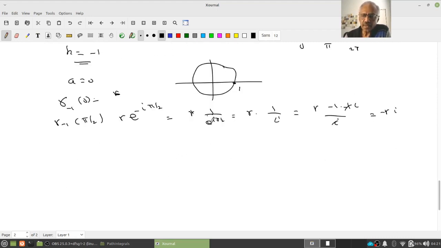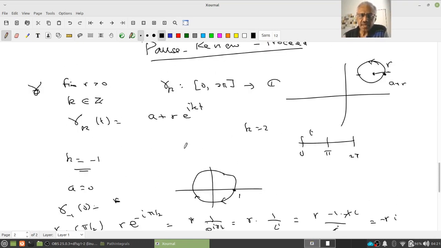Right. So what it means is, it goes in this direction. At pi by 2 it is here. That means when k is negative, it goes clockwise, and when k is positive, it goes anti-clockwise.